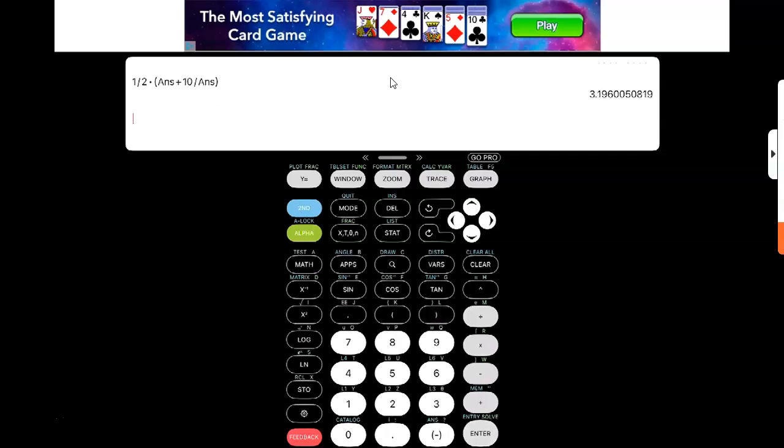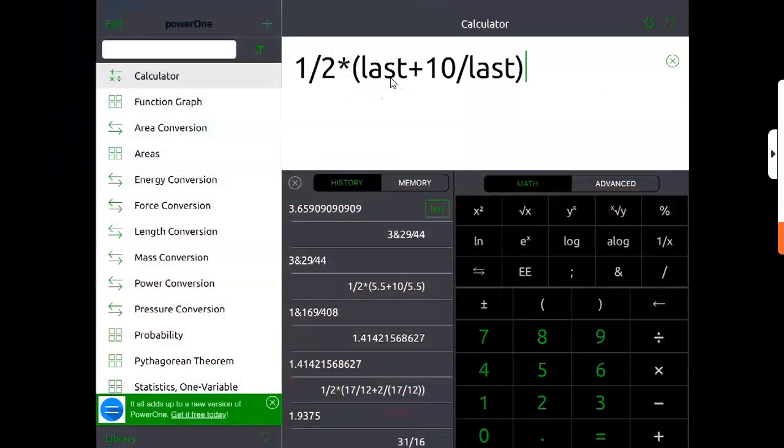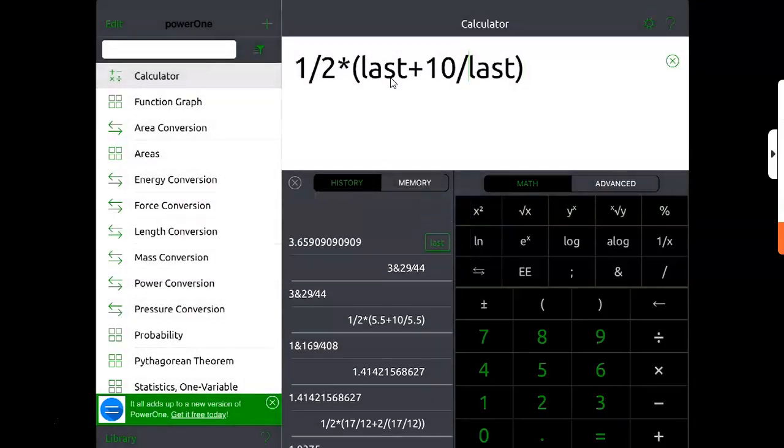And there's my third value, 3.196. Why is that division by 0? The last wasn't 0.